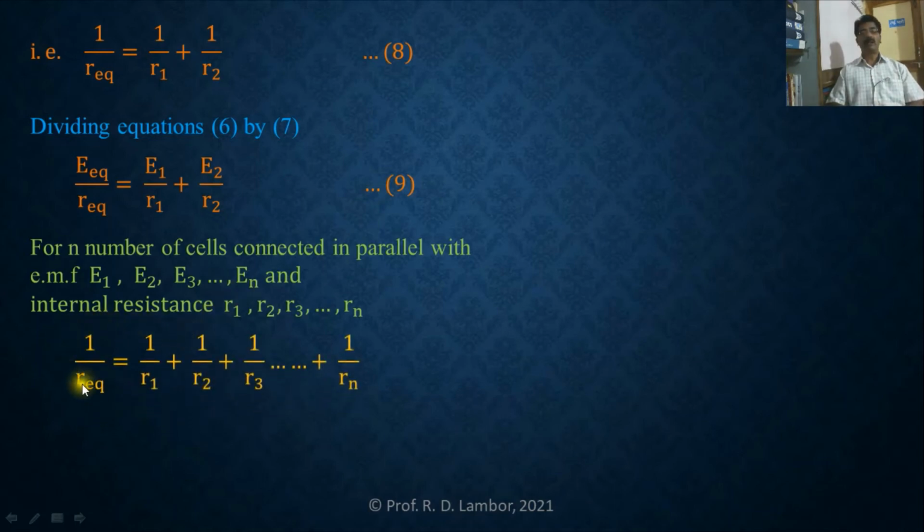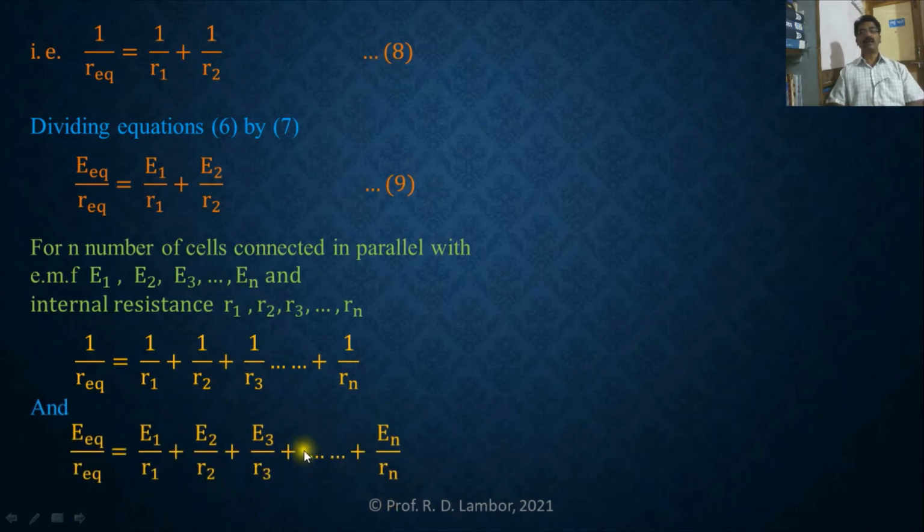This is the generalized form of equation 8, and generalized form of equation 9 is this. So in this way we learn how to connect n number of cells in parallel and to increase the current capacity of battery, we should follow parallel combination of cells.